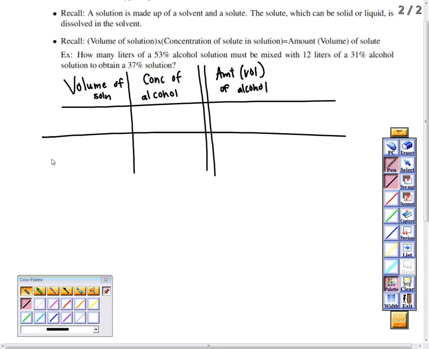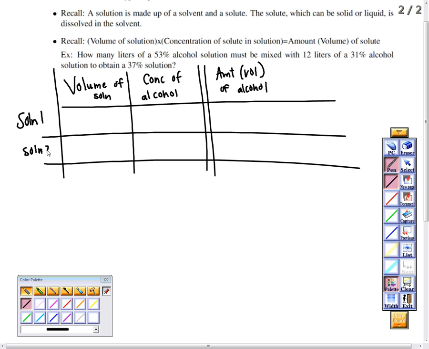We're going to look at solution 1 and solution 2. We want the volume and concentration of each of these. What is the volume of solution 1? How many liters of a 53% alcohol solution? It's going to go right here. How many liters?